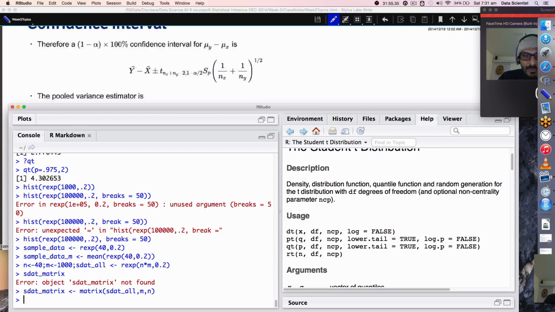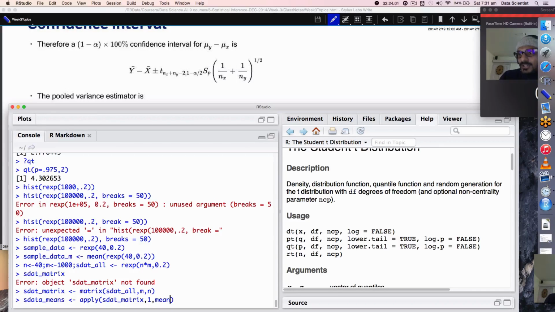Now if I want to apply the apply function directly on the margins, which means row-wise, I want to take the average of the data. So I say my sample data means, what would that array be? It would be apply on which data? Sample data matrix, on each row, and what do I want to do?